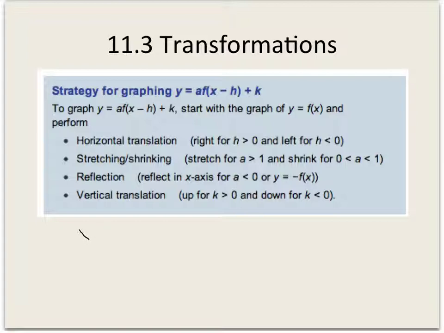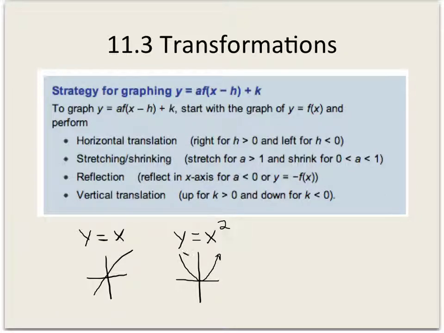The very basics: we have y equals x, which is a linear function that goes straight through the origin. I know that doesn't look great, but it's a straight line that goes through the origin. You have y equals x squared, which is your basic parabola. That again goes through the origin.